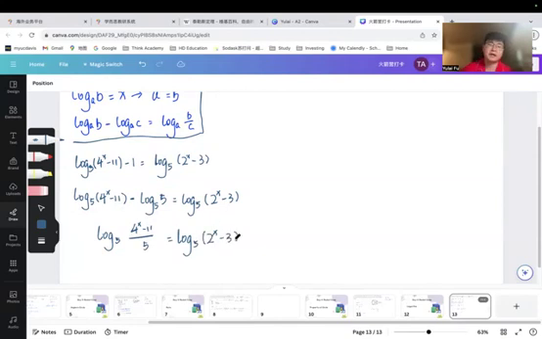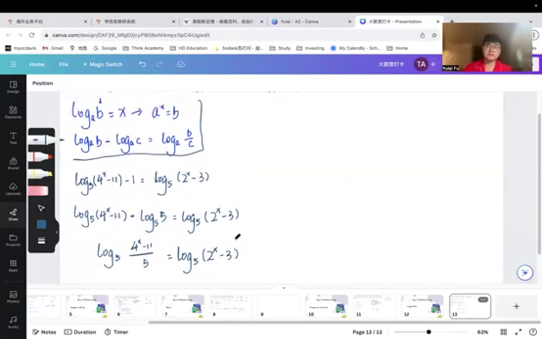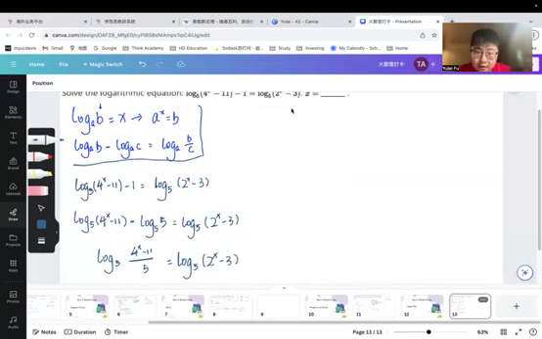So that's what we have, and now we have some conditions to represent these log equations. First, we already know that the number inside the log must be positive.